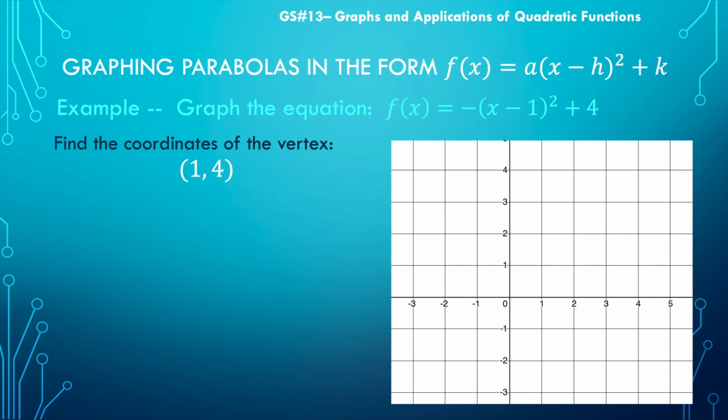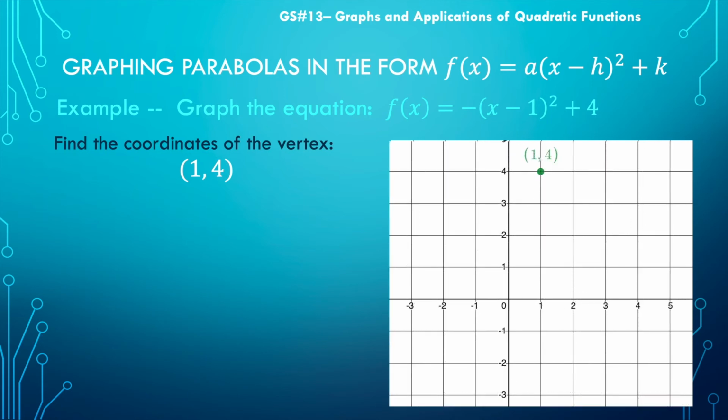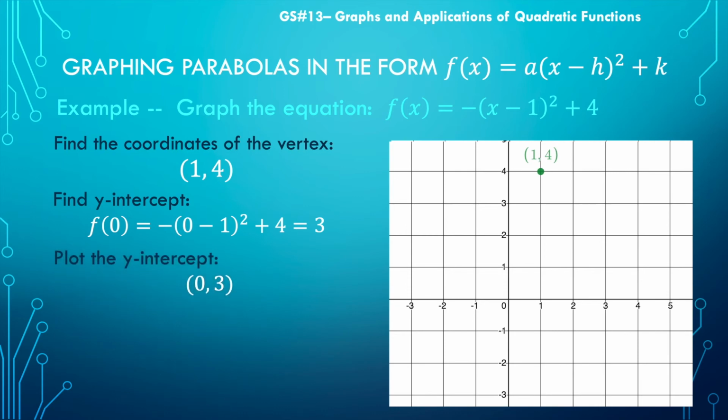Our vertex will be at the coordinate (1, 4). Okay, so now let's find our y-intercept by finding f(0), or where x is equal to 0. And when I sub the 0 in, I've got 0 minus 1 squared, which will be 1. Make that negative. So -1 plus 4 is going to be 3. So my y-intercept is the point (0, 3).